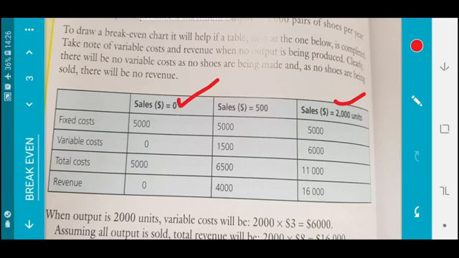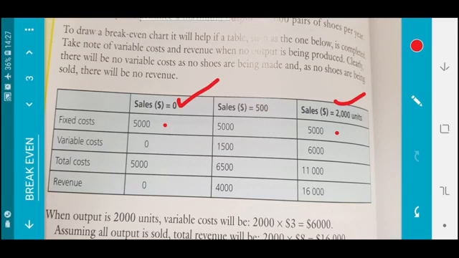So I say if the output is 0, my fixed cost will be 5,000. Why? Because as I said, fixed cost is the cost that the business has regardless of the amount of output. It is the cost that stays the same. So it will be 5,000, and if it's 2,000 units, also 5,000. Now the variable cost. Variable cost is the cost that varies directly with output.